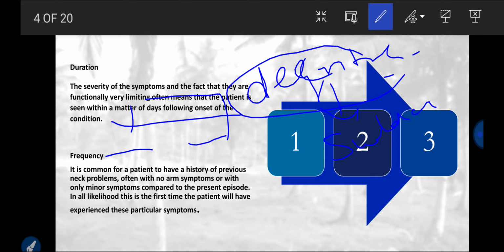So the patient's condition is severe when they come to you on the second or third day also. Frequency: it is common for a patient to have a history of previous neck pain, often with no arm symptoms or only minor symptoms compared to the present episode.